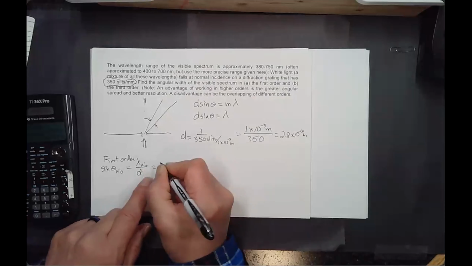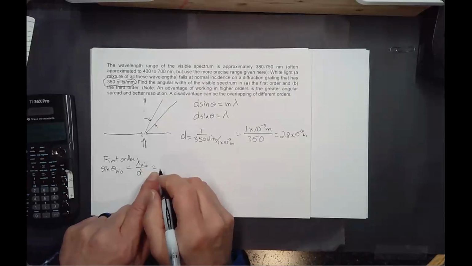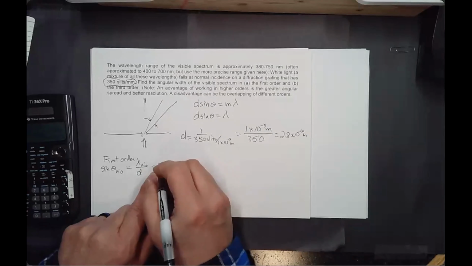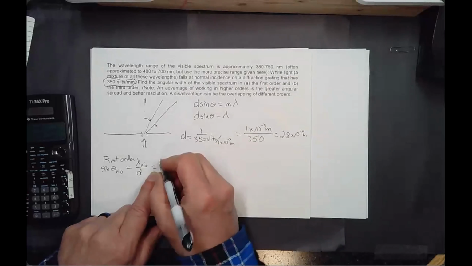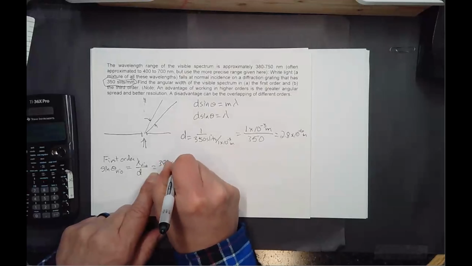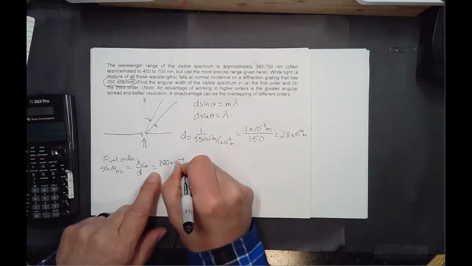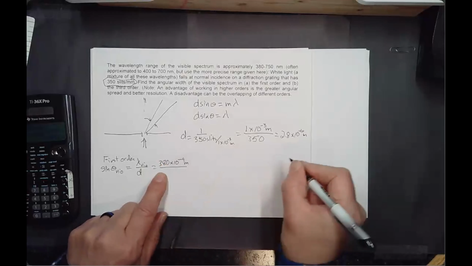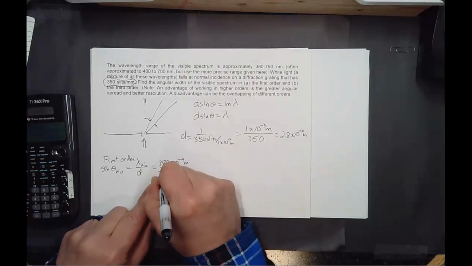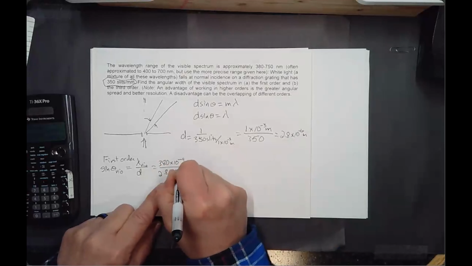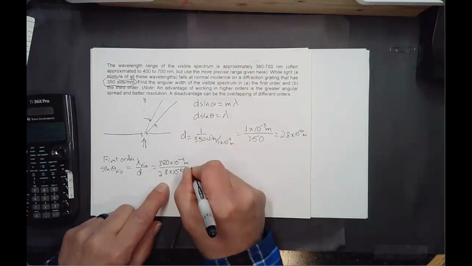So let's go ahead and toss the numbers in here. 380 times 10 to the minus ninth meters divided by 2.8 times 10 to the minus sixth meters.